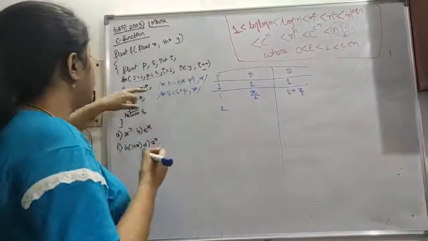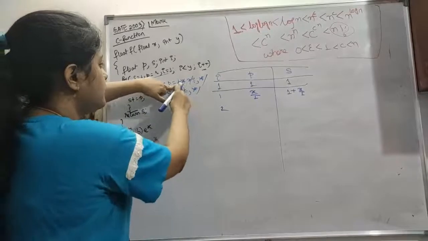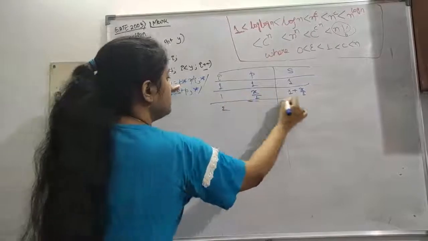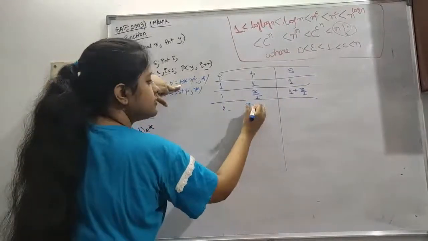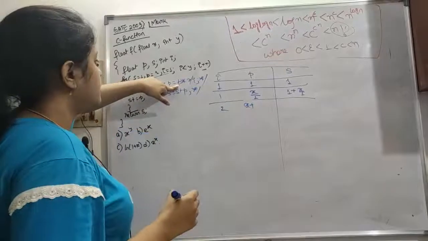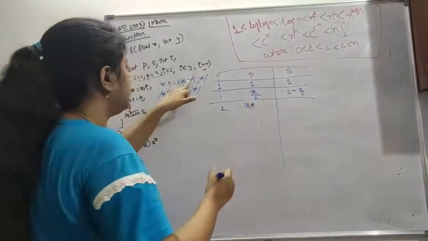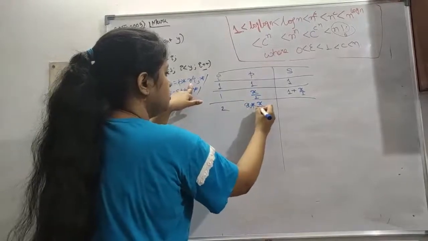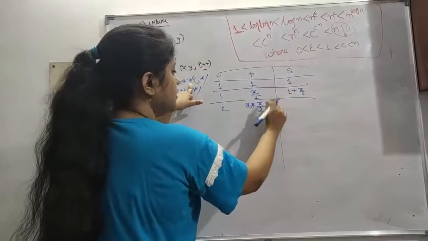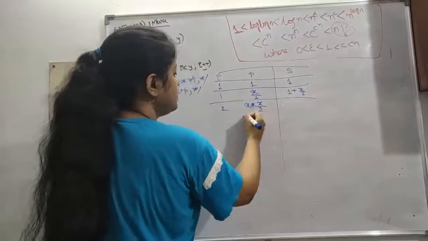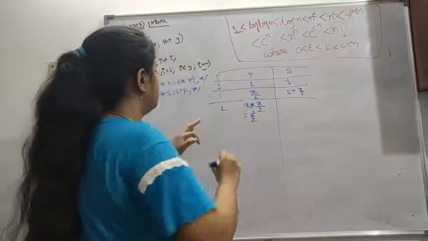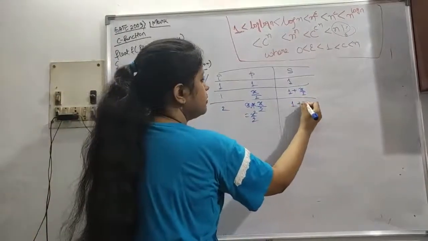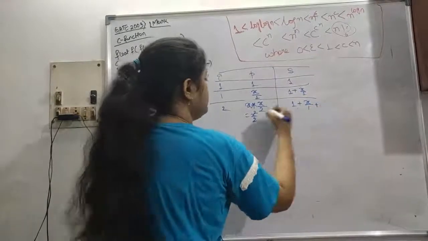So when I is incremented, then again p into x by I. This is our previous p, so multiplication into x by I, where I is here 2. So this is x square by 2. Now here s is s plus p. So s was this, and now s plus p means this.